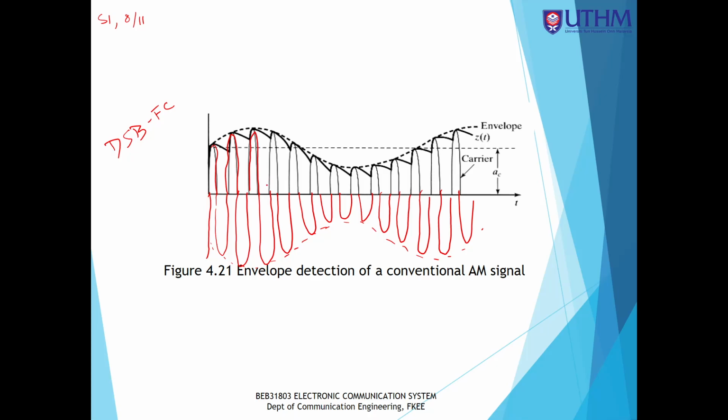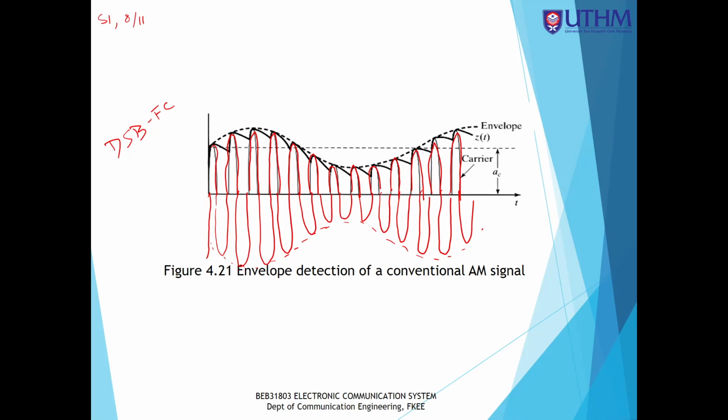In this ECS subject, we like to ask students about their understanding of the process that happens inside the circuit rather than asking about the circuit. So initially it is double sideband full carrier as usual. So this is before the diode.